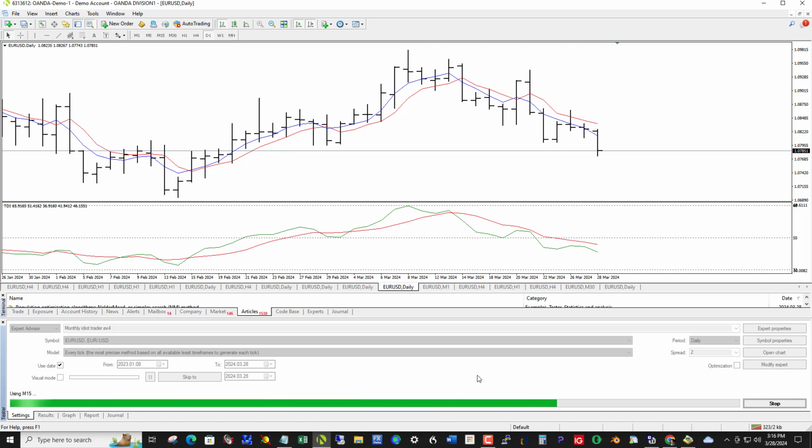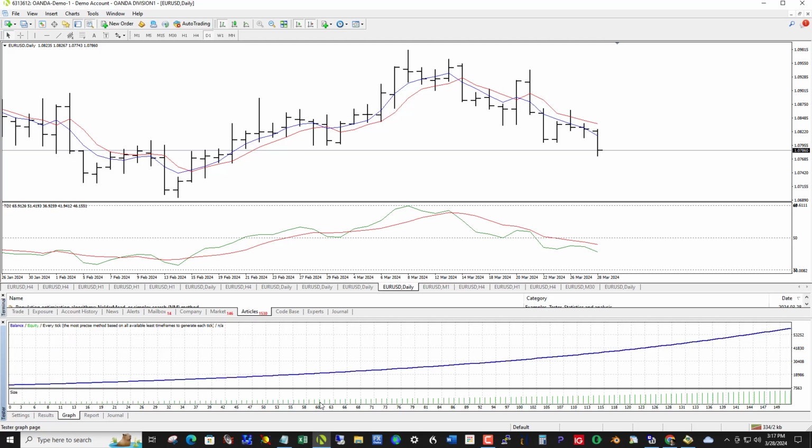There are about 320 trading days or so from that point, 315 perhaps. So she's running through the calculations now in real time. Okay, and let's hit the graph.